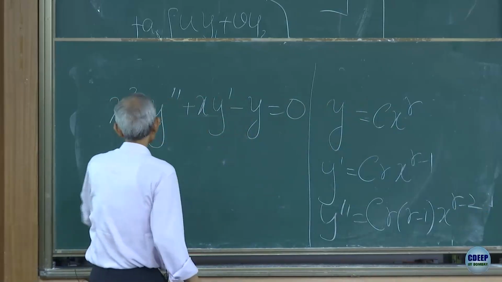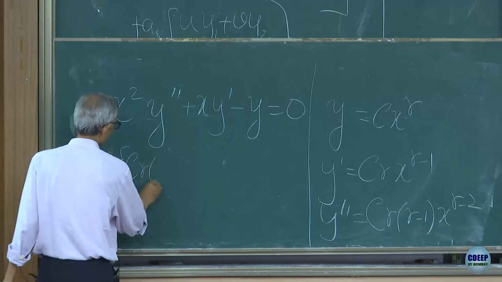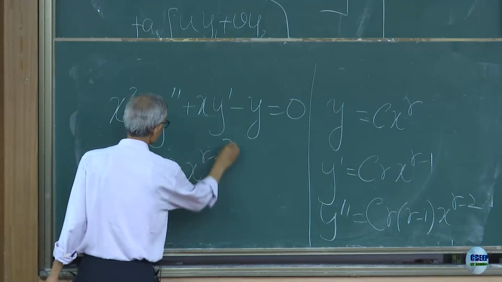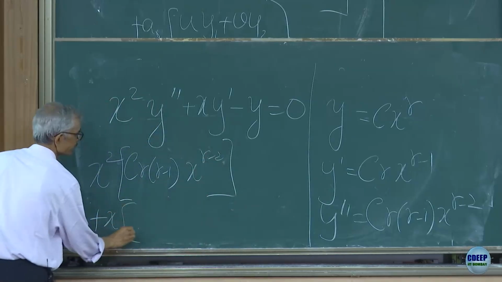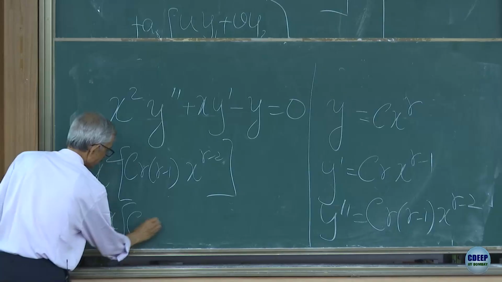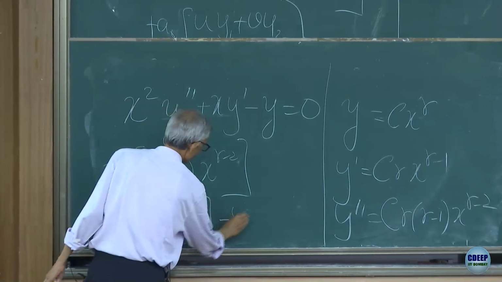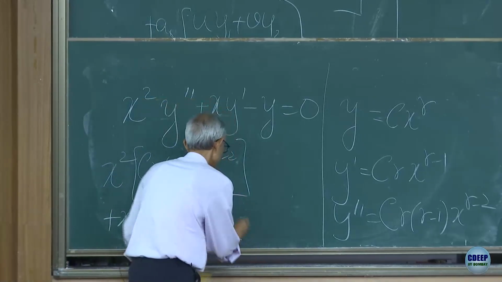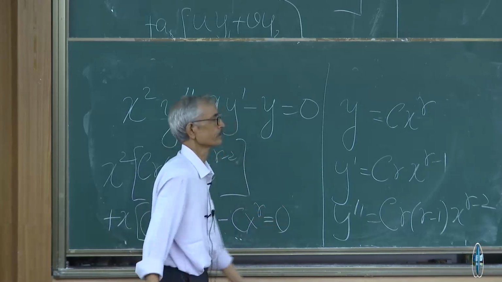So you plug those guys in here. x square C r (r minus 1) x to the r minus 2 plus x times C r x to the r minus 1 minus y, and y is C x to the r, equal to 0.